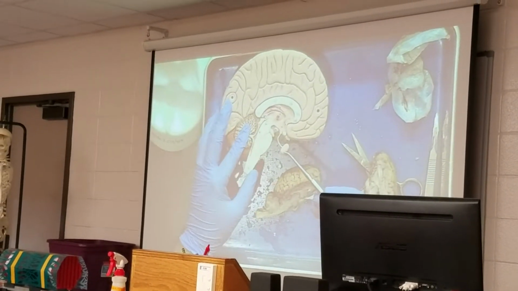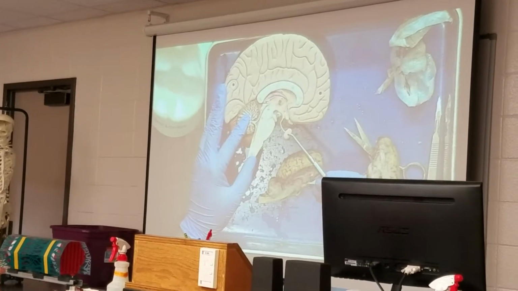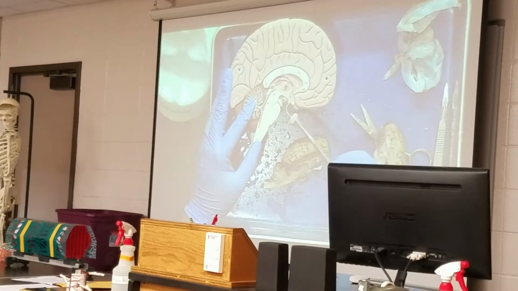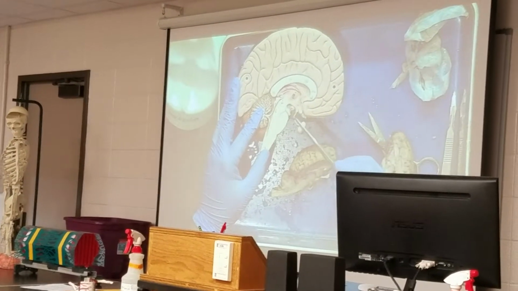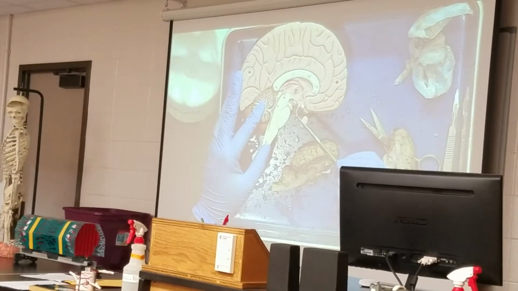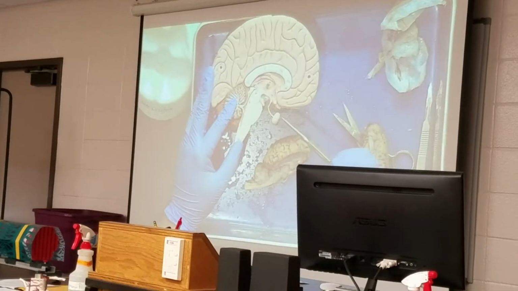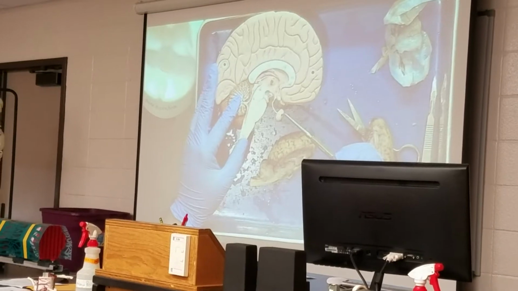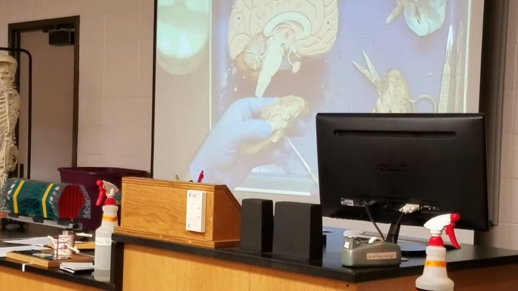This structure right here, the bean-looking structure, is your pituitary gland. And it's attached to your brain by this ligament, the infundibulum. So the infundibulum attaches to the pituitary gland. On the actual brain, the pituitary gland is pretty large.